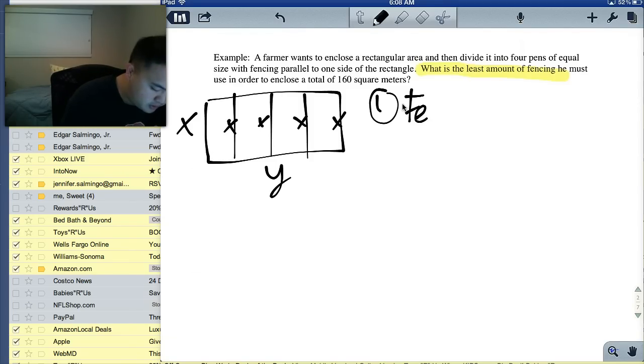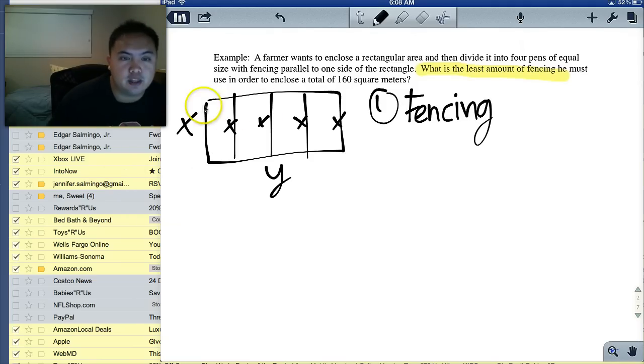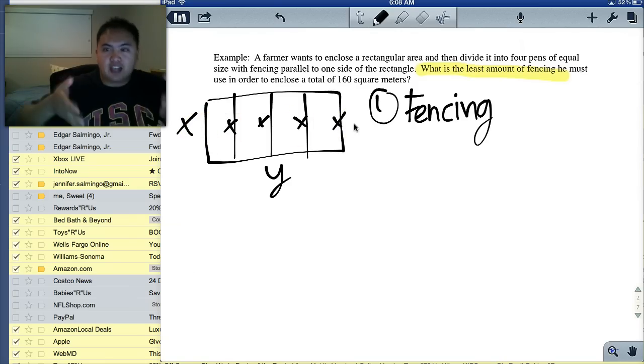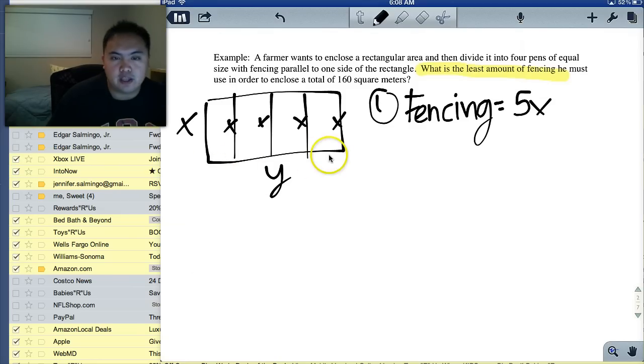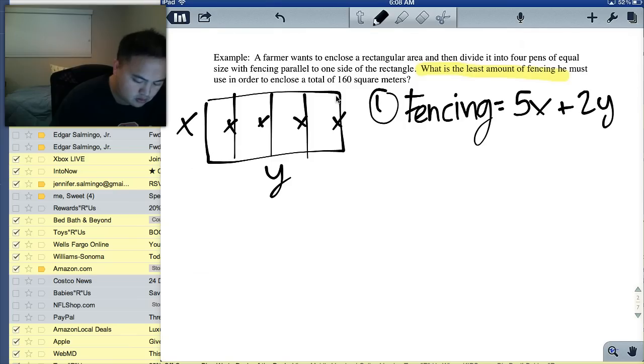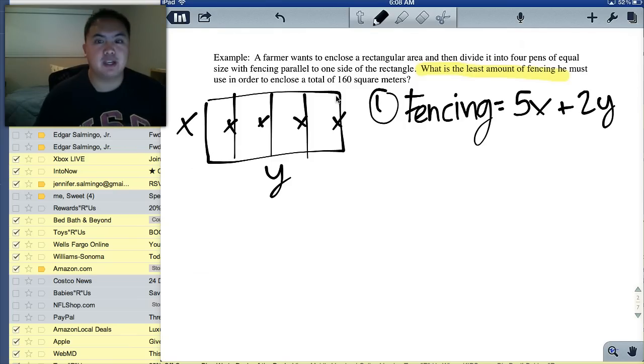I need an x, and x, and x, and x, and x. Do you agree I need 5 x's of fence? So fencing equals 5x. And then I'm going to need 2 of these y's, one on this side and one on this side.